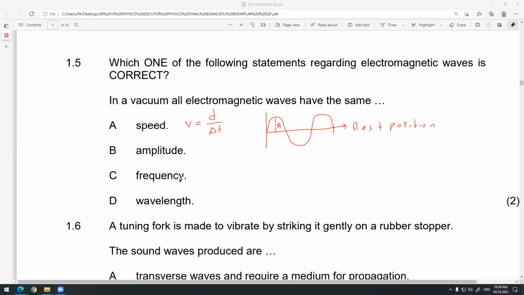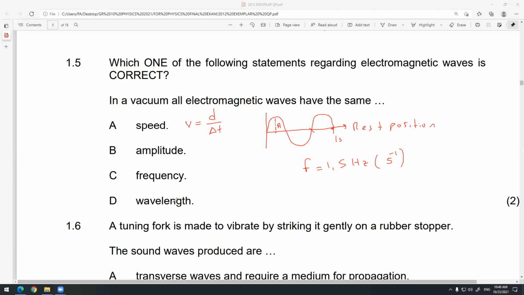And then frequency. Frequency is the number of waves per second. For example, here, if you have 1 second till this point, as you see, you have half, positive, negative 1, and then another half, 1.5. As you see, in 1 second, 1.5 waves. So your frequency is 1.5 hertz, Hz, or another unit, second to the power of negative 1. You can use any unit. Frequency is the number of waves in 1 second.